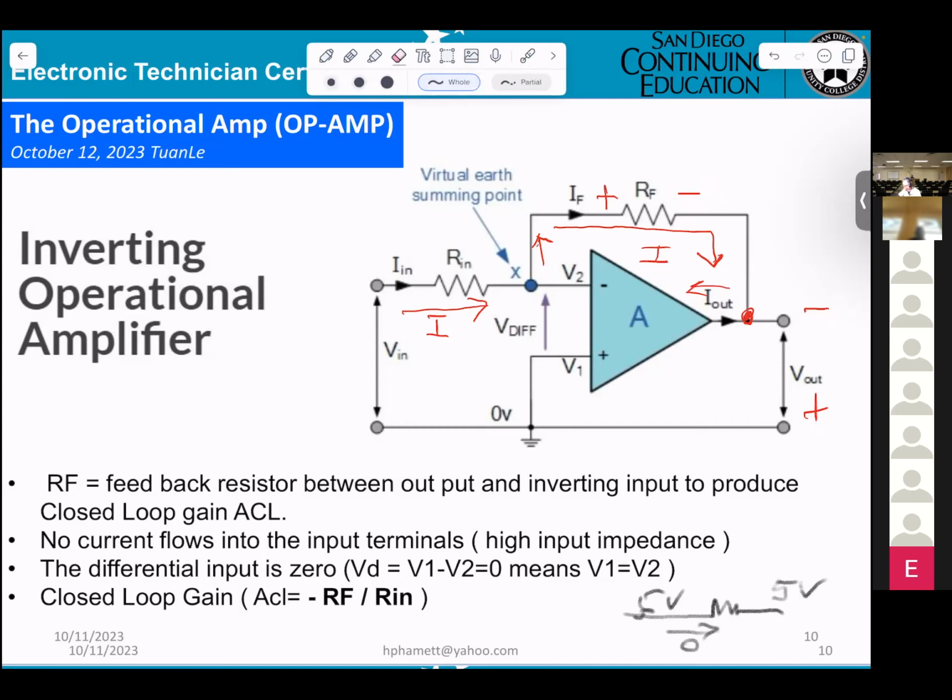So you're saying it's got to go inside the op amp? Exactly. So the current can go in the op amp from the output in, but not from the input out. So that's what they call a sink current.